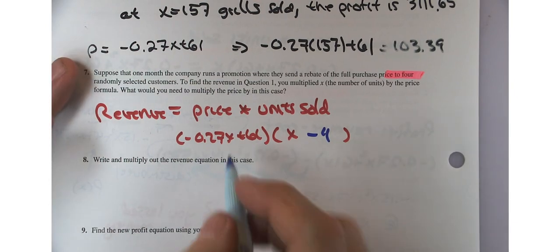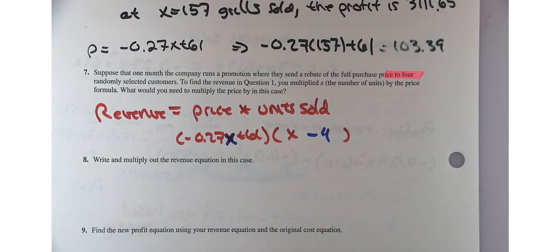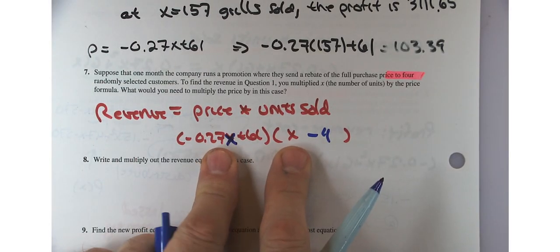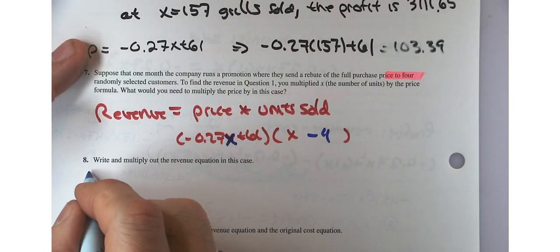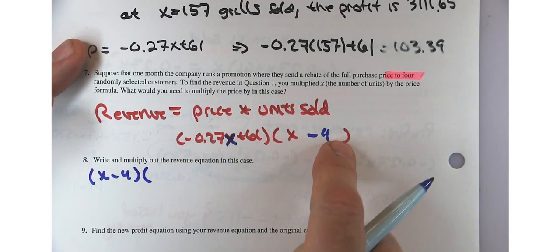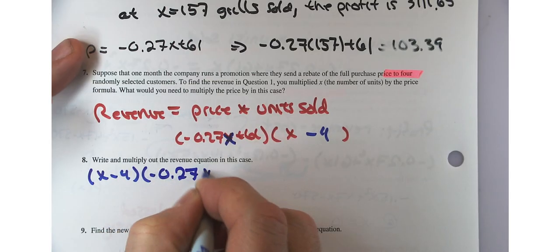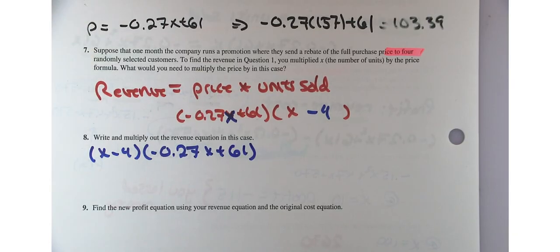So now we need to multiply these things together. How are we going to multiply these two binomials together? Let me write it down over here. X minus 4. And I'm sorry, I'm transposing these things. It'll work out the same. How am I going to multiply these things together?